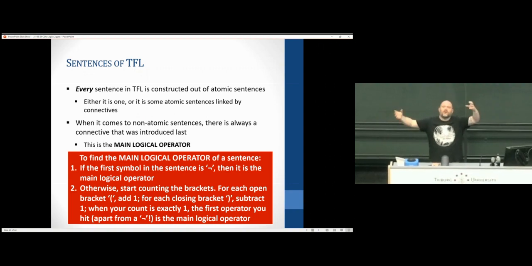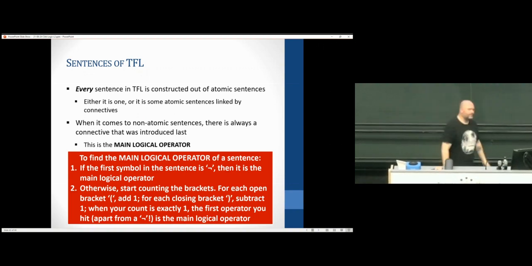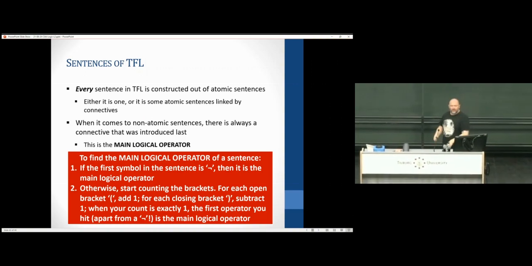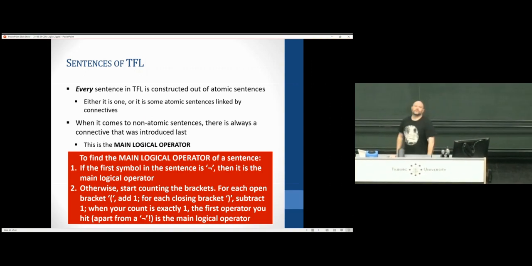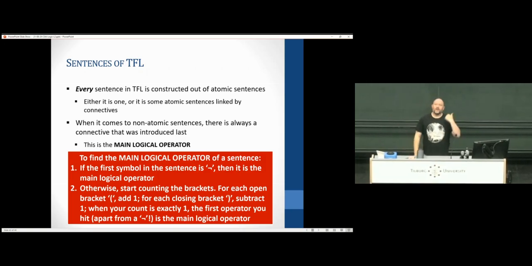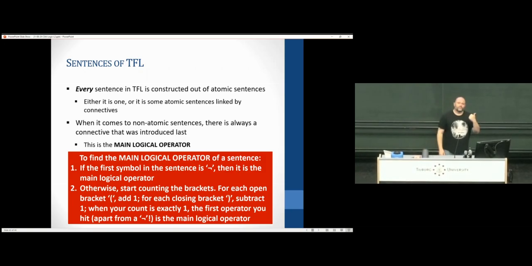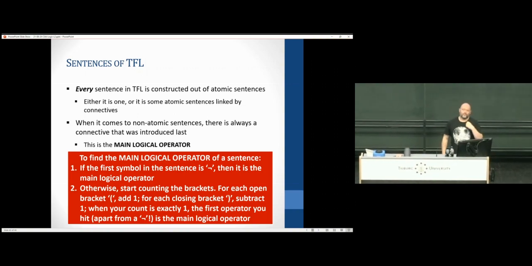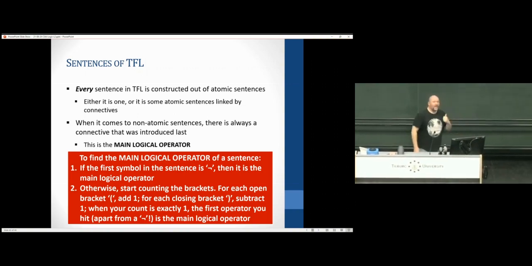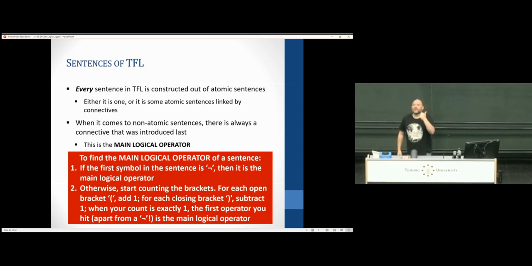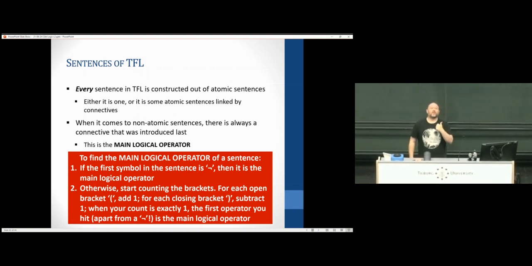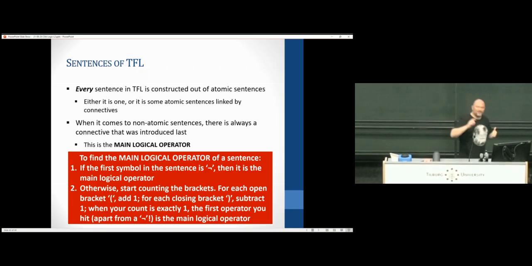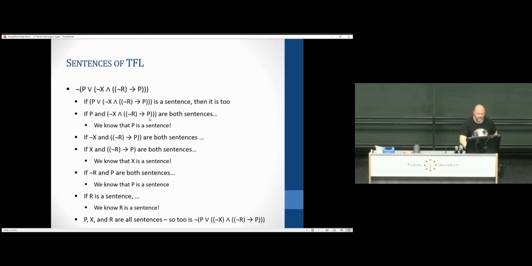It was slapped on to the rest. Done. Otherwise, start counting the brackets. Every time you hit a left-hand bracket, put a finger up. Every time you hit a right-hand bracket, take a finger away. When you hit an operator and you have only one finger up, that's going to be the main operator. I know that sounds weird, but I'll show you.